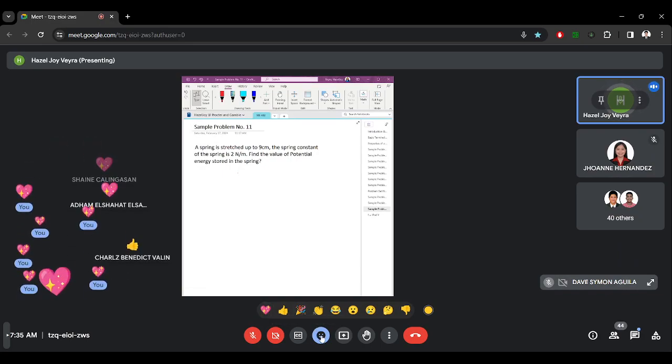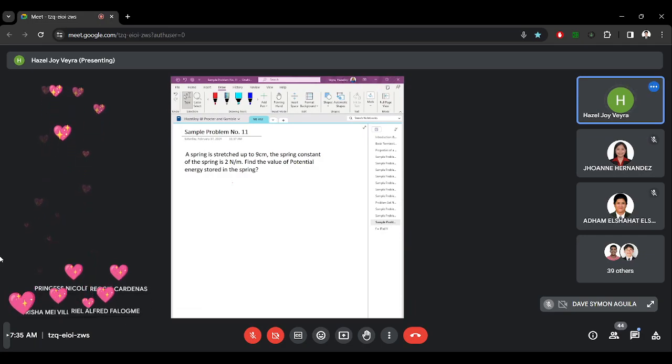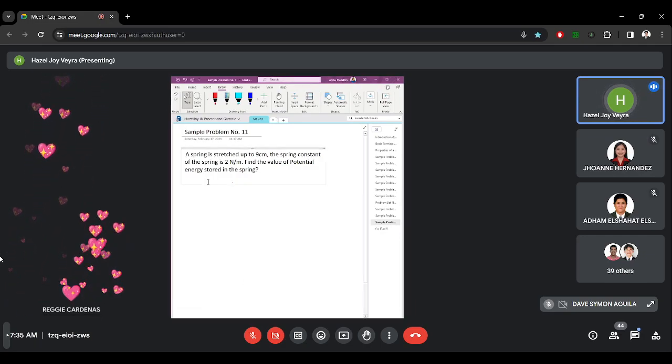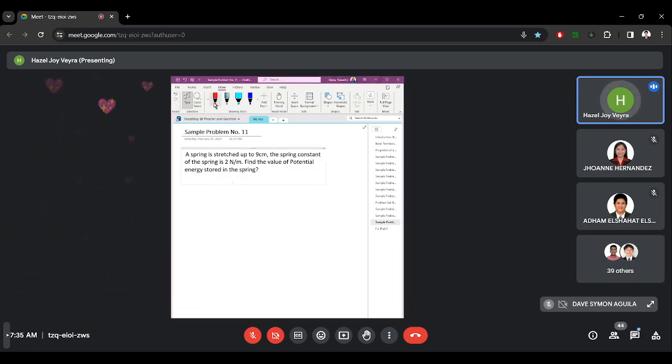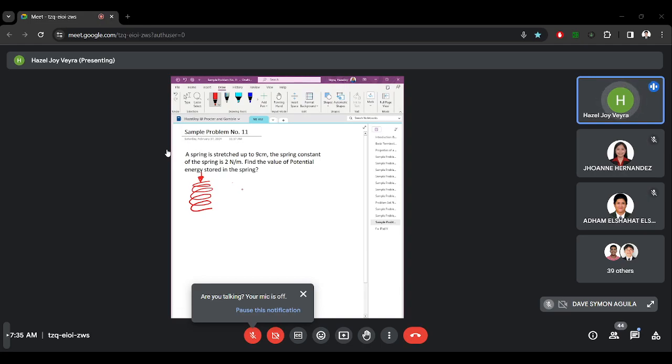Okay, good. So let's discuss the solution. In this problem, we're given a spring. Some springs have a force being applied on the top. Some springs naman are being stretched, depending on the purpose why the spring was installed.